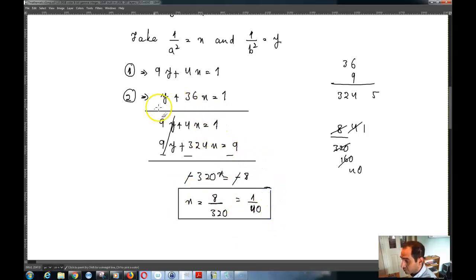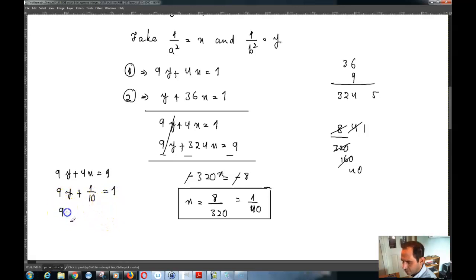Now I can use, for example, this equation over here, 9y plus 4x is equal to 1. And then write 9y plus 4 times x, which is 4 divided by 40, which is 1/10, is equal to 1.